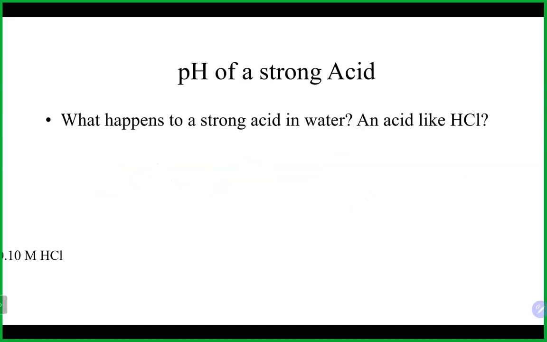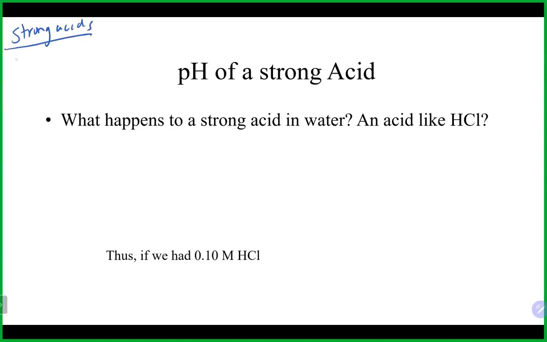So let's talk a little bit about what happens if we want the pH of a strong acid. Because it's a strong acid, it will 100% break apart into ions. And remember that there's a list of 6 strong acids that's really good to know: hydrochloric acid, nitric acid, sulfuric acid, perchloric acid, hydrobromic acid, and hydriodic acid.